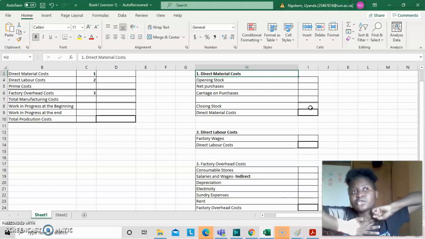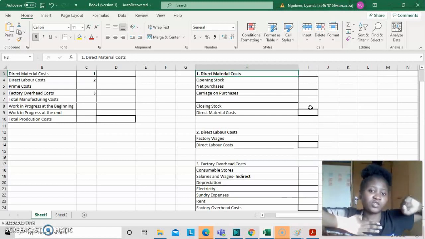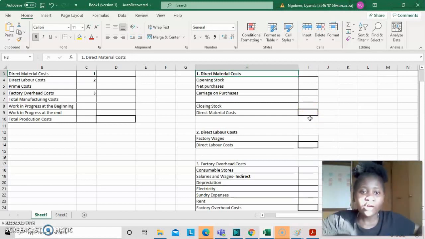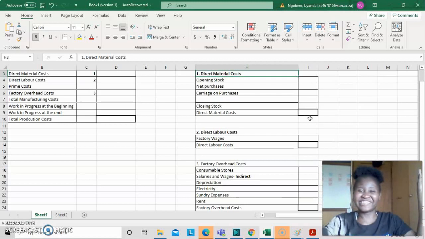So we take out what has not been used, and then we get the direct material cost, which is the value of the stock that has been used during the year. There you go. You have your production cost statement, your manufacturing. So that's it in a nutshell. Easy, straightforward.